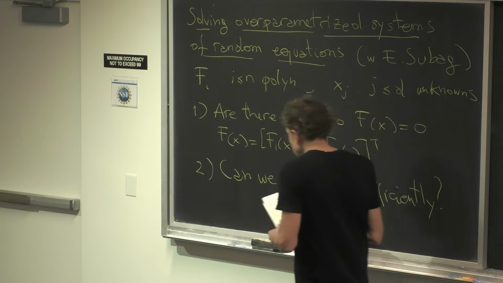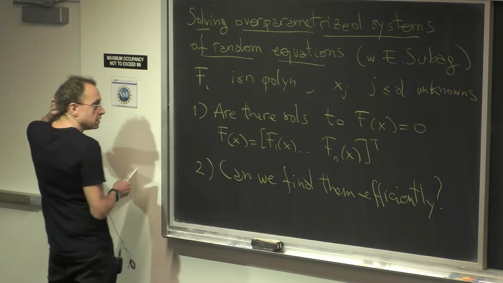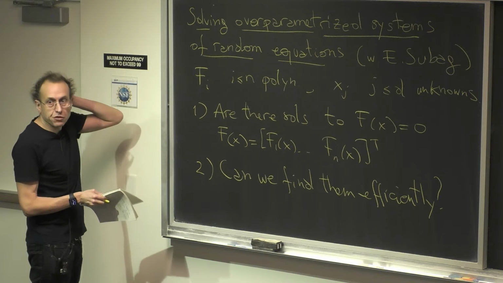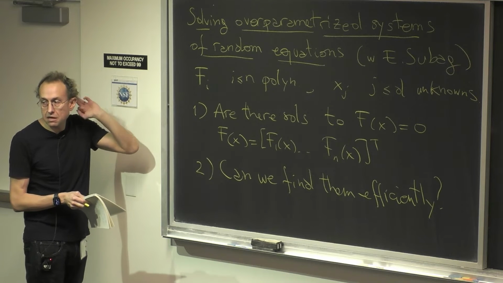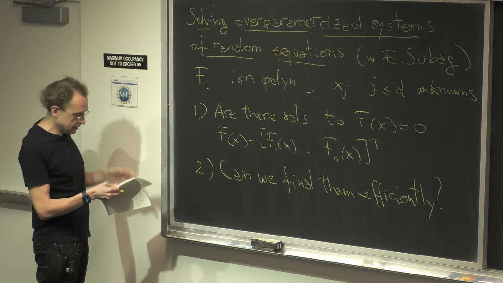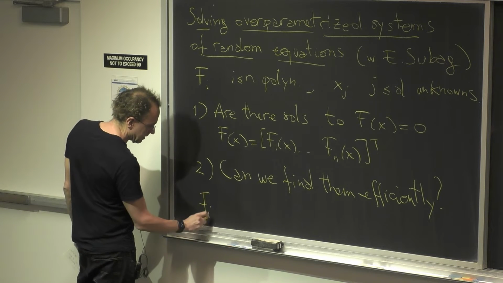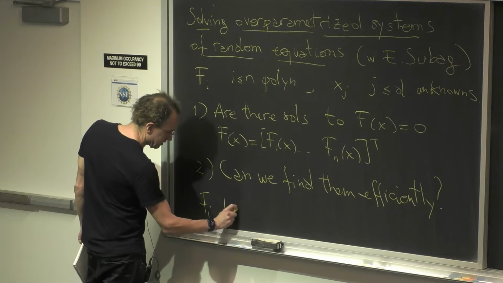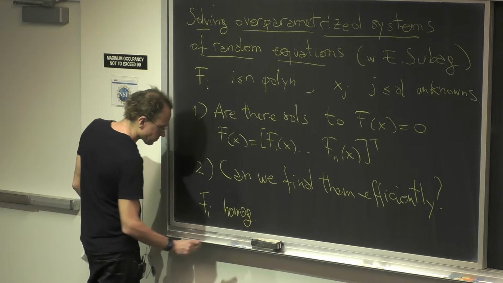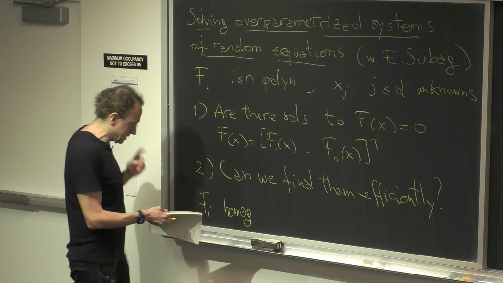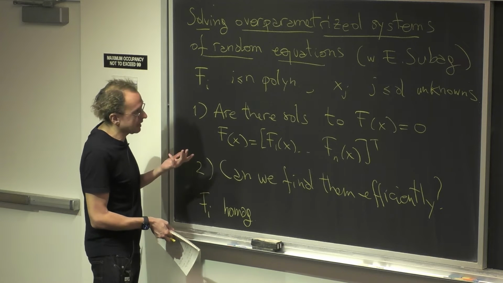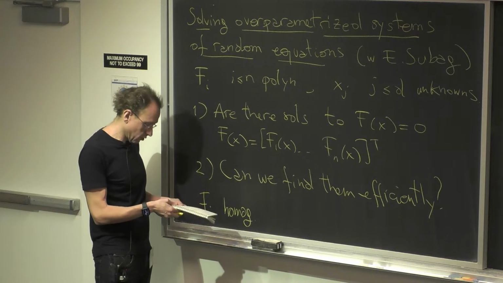Traditionally, I will overview a little bit of what is known about this problem, and the traditional setting for this is to assume that the fi are homogeneous polynomials, and therefore x equals 0 is always a solution.